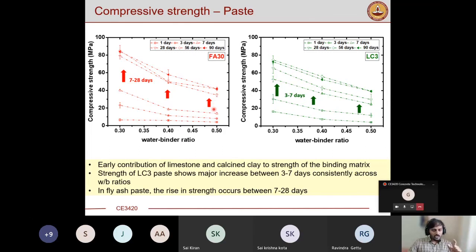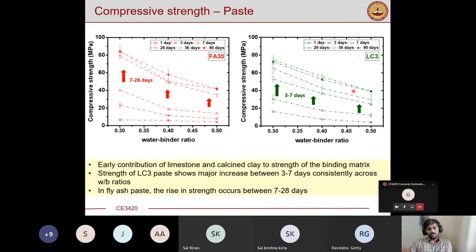You can see the major shift in strength happens between 7 to 28 days, right? Across water binder ratios, whether you have 0.5, 0.4, or 0.3, lesser water in your cement, the major jump in strength happens between 7 to 28 days, right? Obviously, when you have a lower water binder ratio, strength rises to some extent here as well.